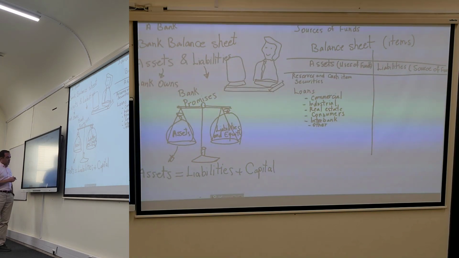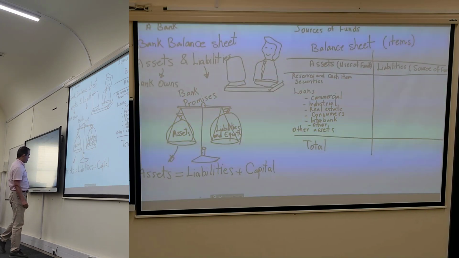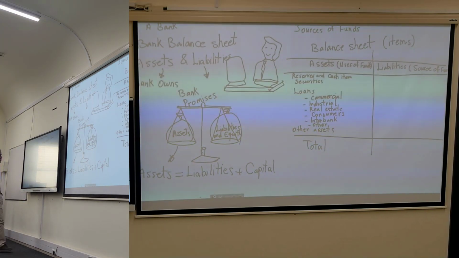And from the asset side, we might have the other assets like the physical capital, for example. So we have the other assets also here. And finally, we will have a total for the asset side. Okay.